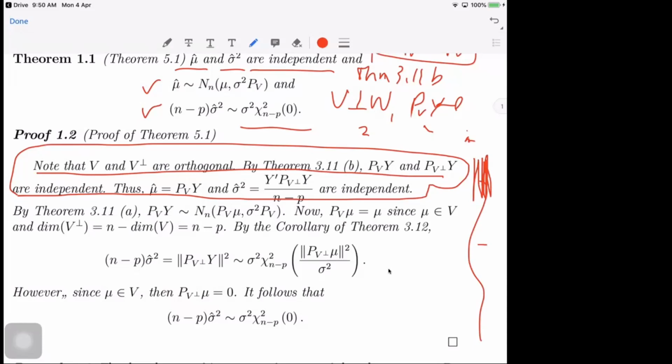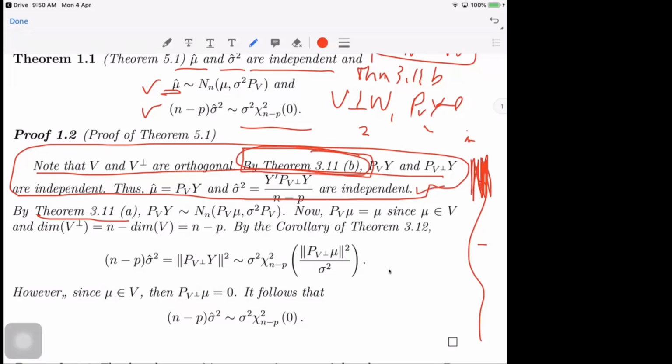Okay, next. Let's look at the distribution of mu hat. Now, mu hat is a function of the projection of y onto v, and we have a previous result. So, meaning, if you use a previous result, for example, show that mu hat and sigma hat square are independent, you have to show first theorem 3.11b in your proof before you conclude this.